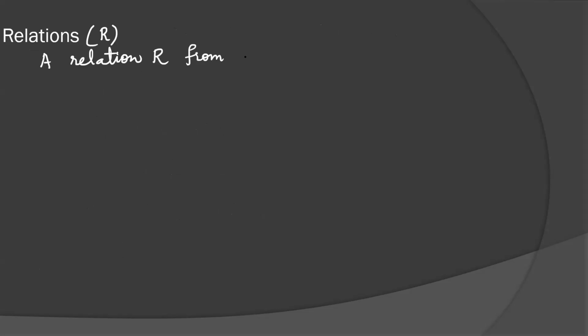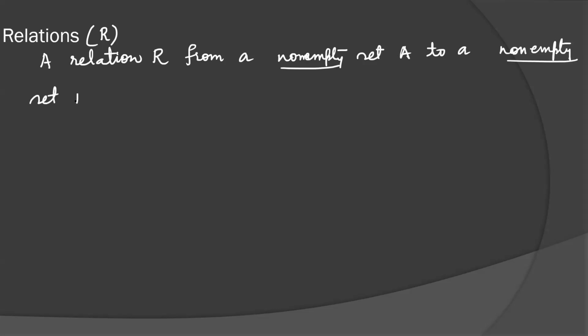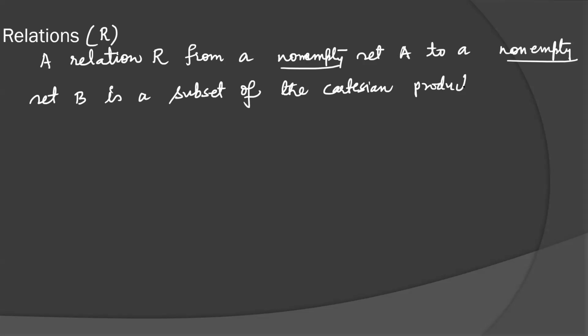A relation R from a non-empty set A to a non-empty set B is a subset of the Cartesian product A cross B. Non-empty is an important word here. Means relation R is a subset of A cross B. And how is R defined?